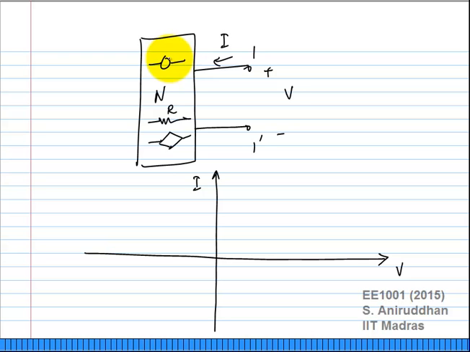Why is that? Can you think of why that is? Superposition. You have learned that any network can be represented by a Thevenin equivalent.